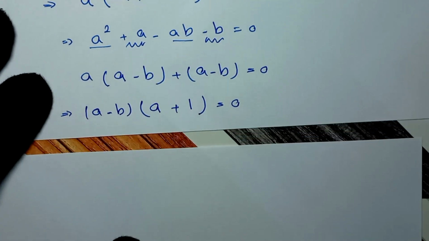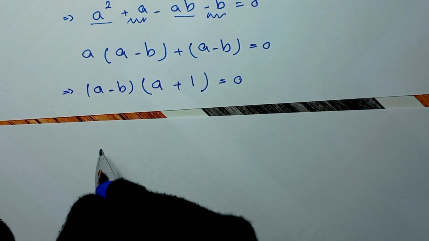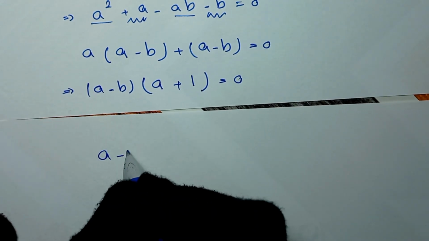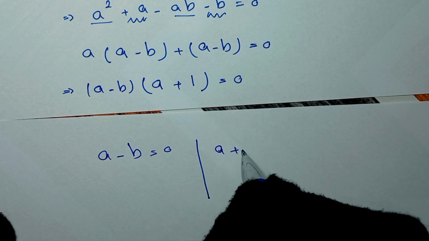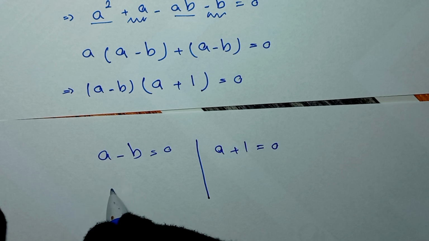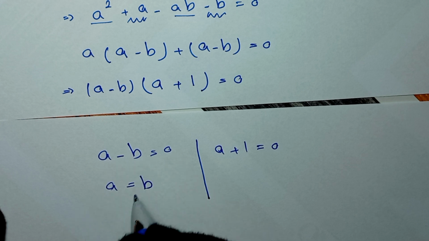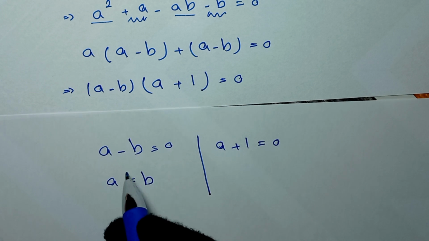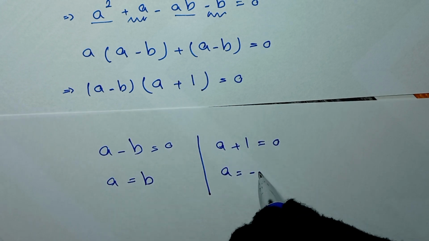And in next step, in here we have two solutions. A minus b is equal to 0, and a plus 1 is equal to 0. In here, we take this b to this side, and it will be a is equal to b. So in here a is equal to b, and from here a is equal to negative 1.